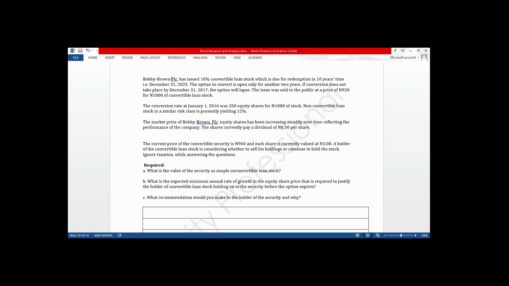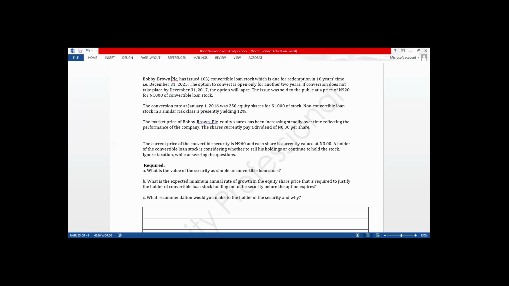And each share is currently valued at 3 naira. A holder of the convertible loan stock is considering whether to sell the holdings or continue to hold the stock, ignoring taxation while answering the question.